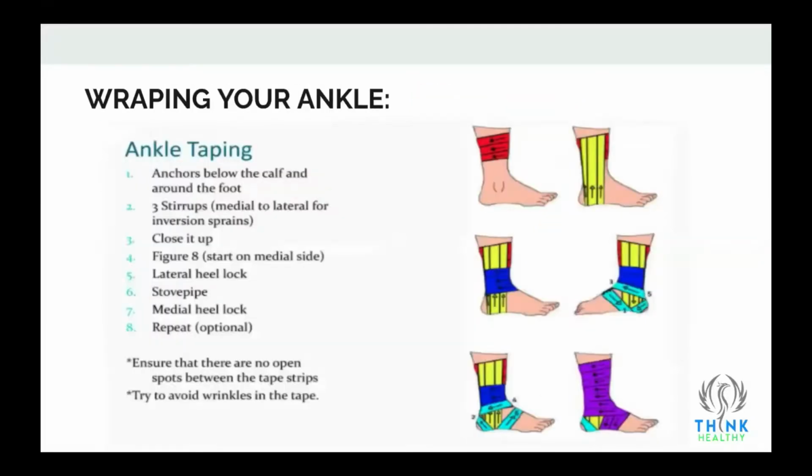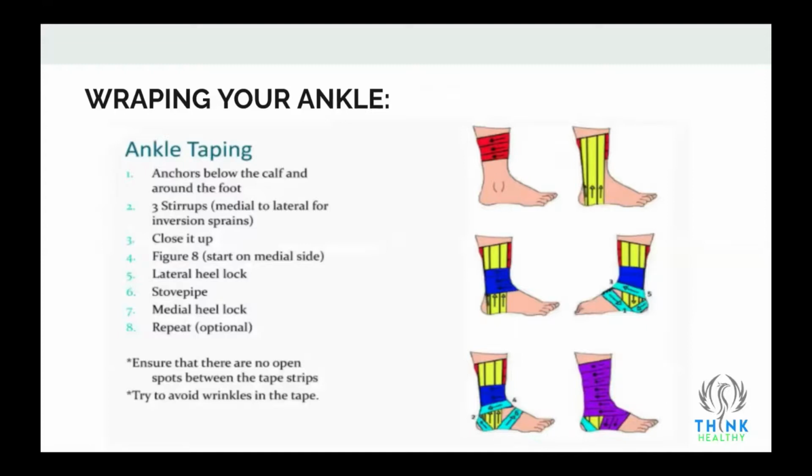So how do you wrap your ankle? You want to make sure you put your ankle in a stable or more neutral position. The first thing you do, remember the tibia and fibula, the ends of the lower leg bones that we talked about? First, stabilize those areas. You anchor below the calf around the foot to stabilize the tibia and the fibula.